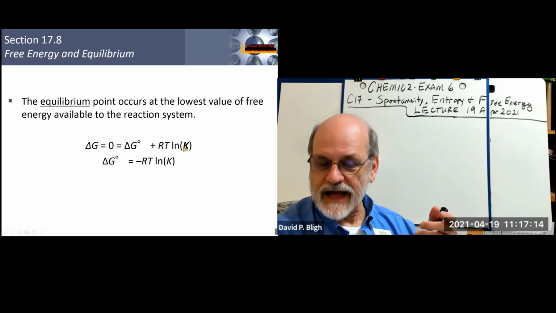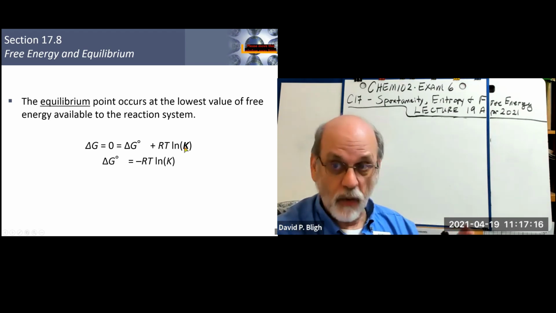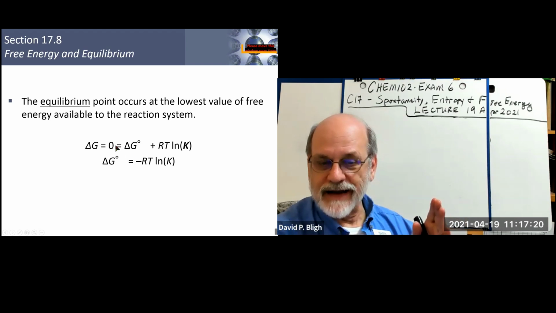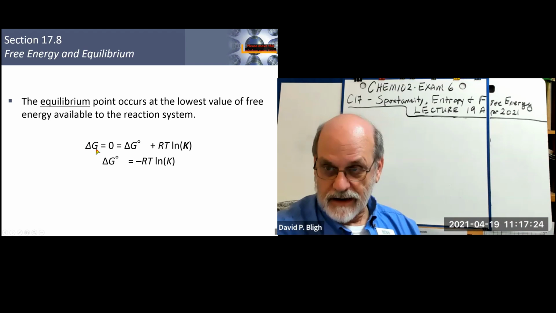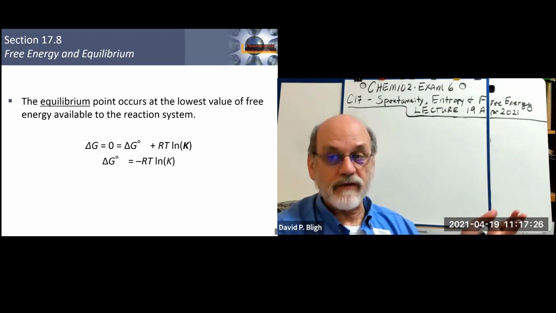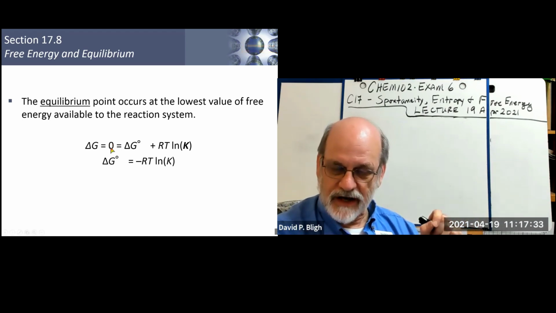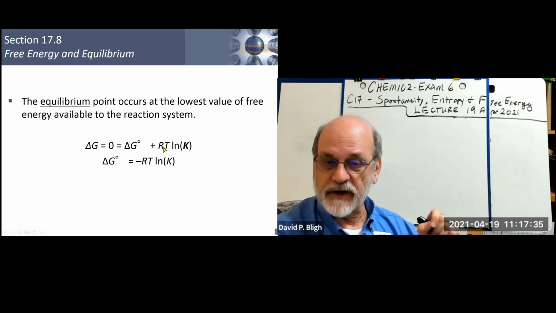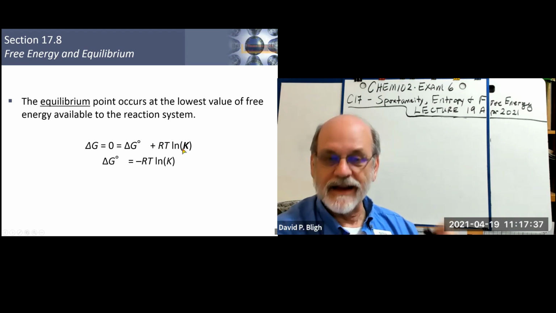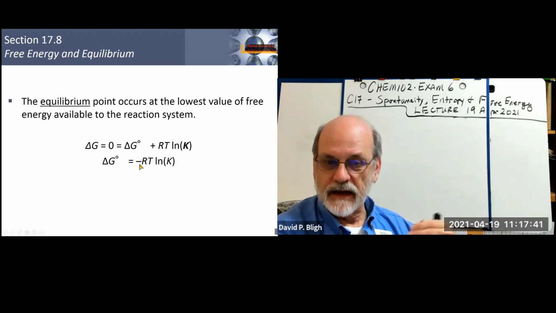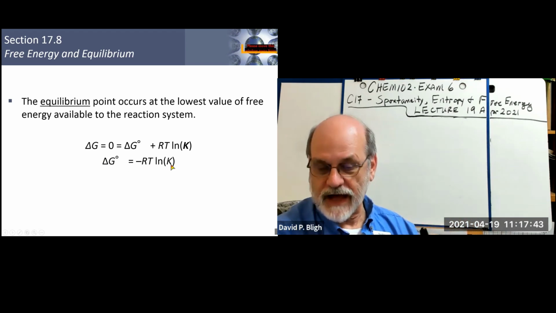So if you're at equilibrium and you know K, then you substitute K here for Q, and now you're equal to 0, because delta G says there's no driving force. So delta G actual is 0. So you can set 0 equal to delta G0 plus RT log K. And now you can solve for delta G0: put it on one side, minus RT log K on the other side.